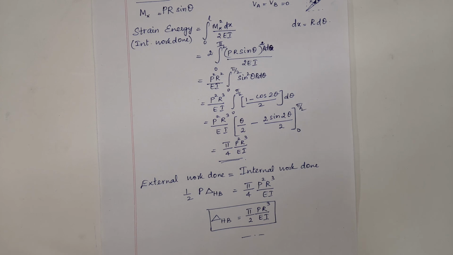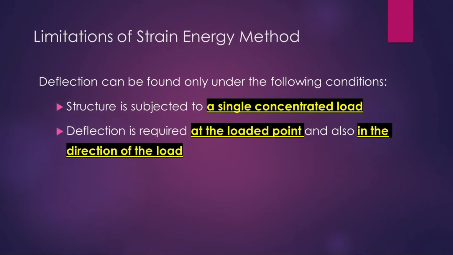Till now, problems solved by strain energy methods were discussed. We shall see the limitations of the strain energy method. Deflection can be found only under the following two conditions. The structure has to be subjected to a single concentrated load, and deflection can be determined only at the loaded point and also only in the direction of the load.